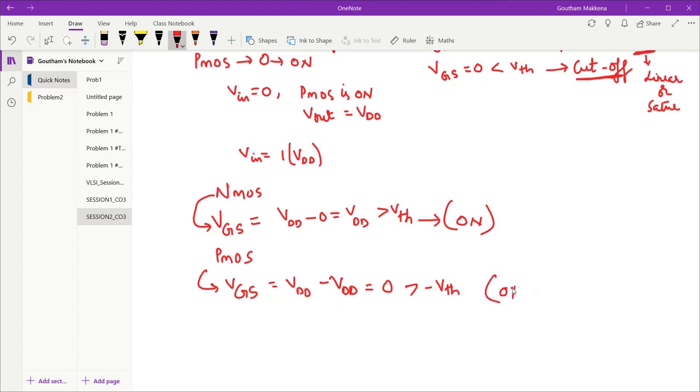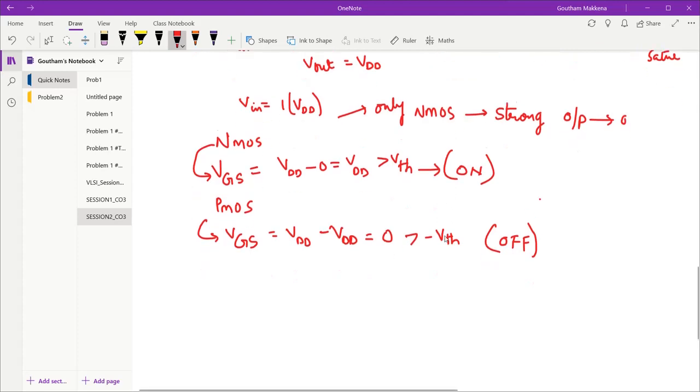We all know that the PMOS transistor is then cut off. So what happens when Vin is equal to 1? Only the NMOS is on, and when the NMOS is on, we know that it passes a strong 0, so your output is 0.